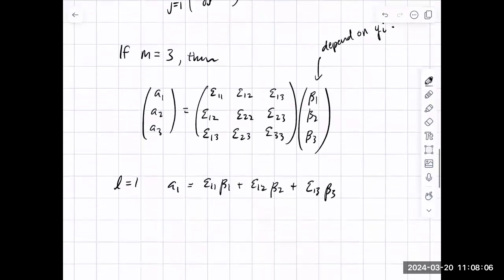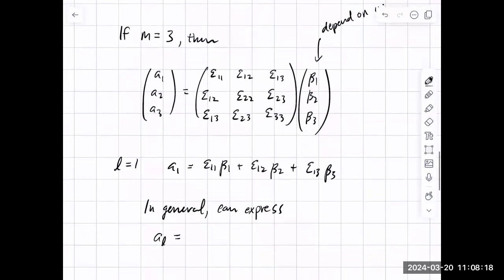All right, well, in general, we can express AL as the sum from k equals 1 to m of epsilon KL times beta K. And let's just imagine that we were to expand this out.